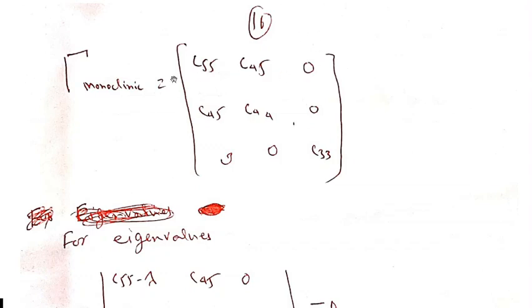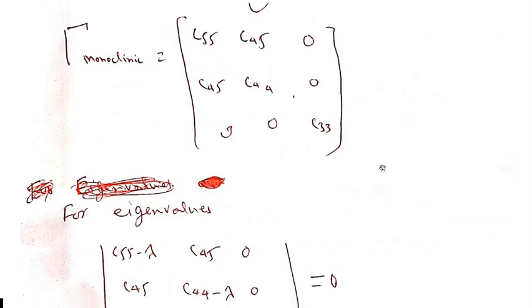So what we have to do is find the polarization vectors of this gamma. And when we have the polarization vectors of this gamma, then we can define the waves propagating in this material.